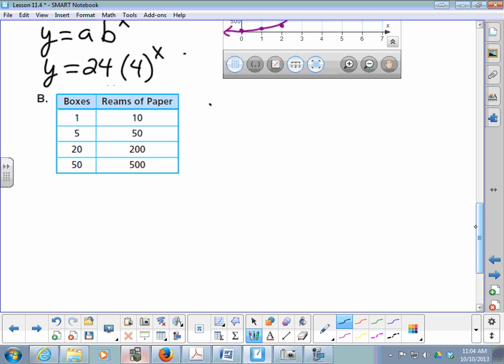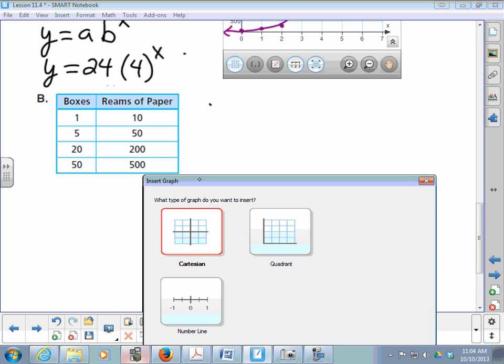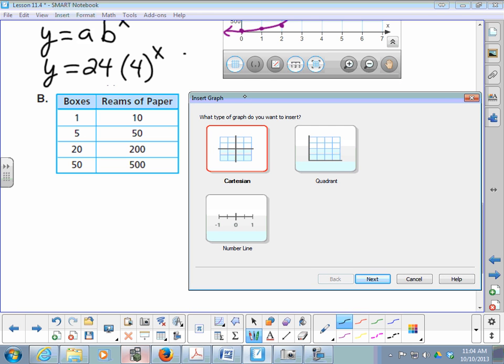Here we have reams of paper. Now, reams of paper is going to be a little bit tougher for us, so we'll pull our wizard out here again. All right, so should we use a Cartesian or a quadrant for this one? Okay, quadrant.